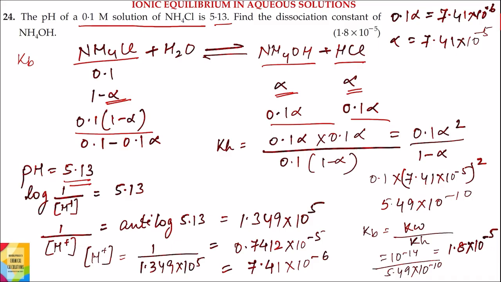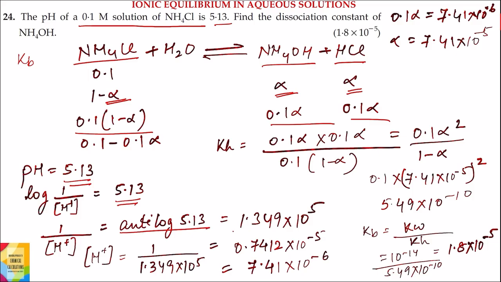Ammonium chloride hydrolyzes to give a weak base, ammonium hydroxide, and a strong acid, HCl. So, the H plus ion concentration in the solution is due to HCl. Now, from the pH value, the H plus ion concentration can be obtained. So, log 1 by H plus is 5.13. 1 by H plus will be antilog 5.13.